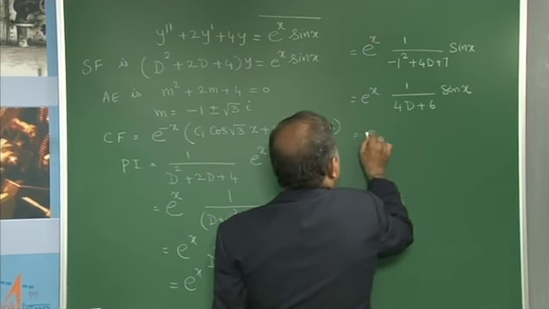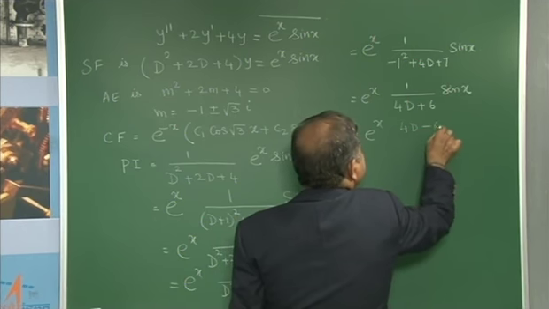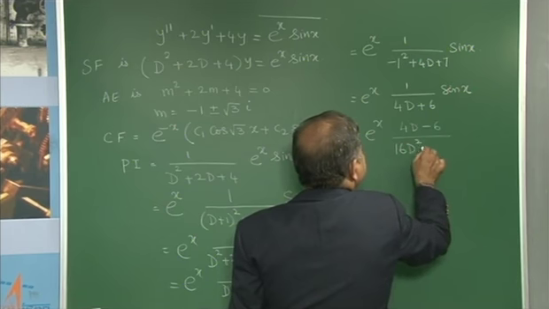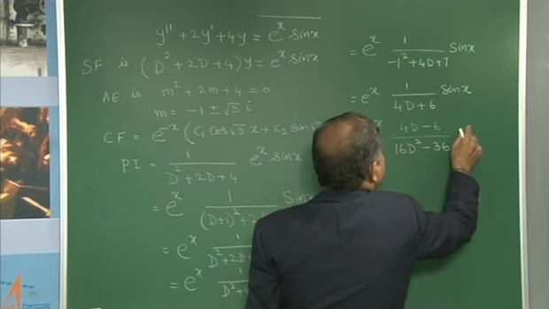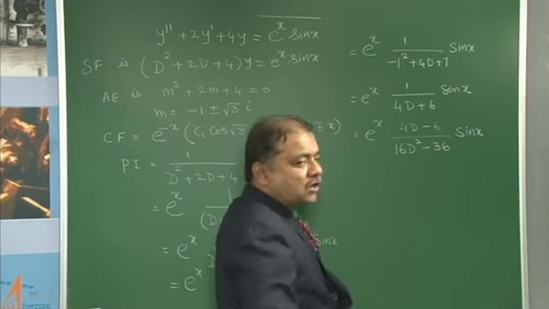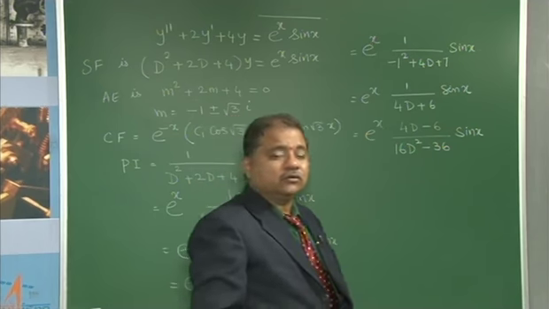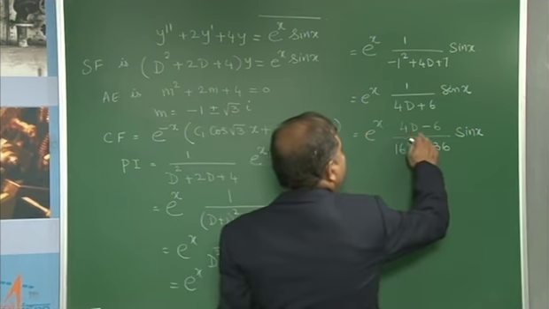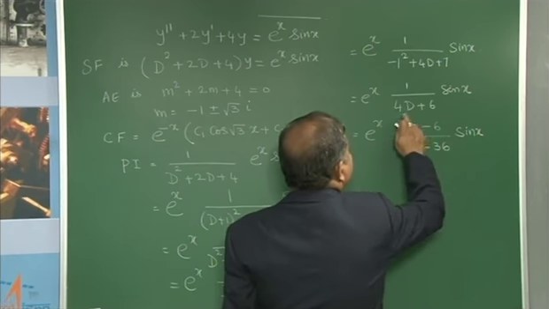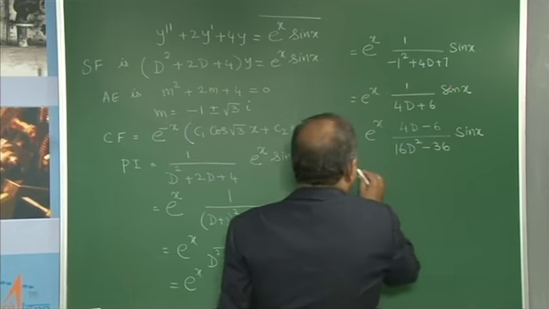So, e power x, conjugate (4D minus 6) by, I am writing directly, 16D squared minus 36, because already we know how to solve type 2. So many problems we have done. Now let us do that. So 4D minus 6 multiplied in the numerator, in denominator also. So a plus b into a minus b, 16D squared minus 36.